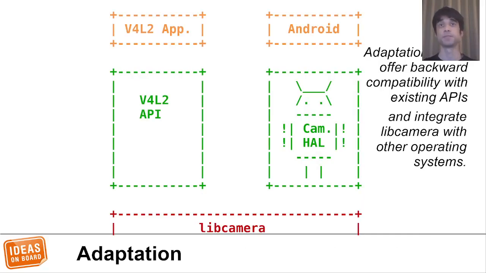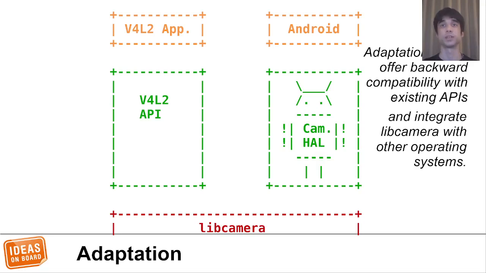And lastly, even though libcamera offers a native API, we decided that we need adaptation layers to be backward compatible with existing APIs to ease the transition to libcamera. We have a v4l2 compatibility layer that allows most v4l2 applications to work with libcamera without requiring recompilation.